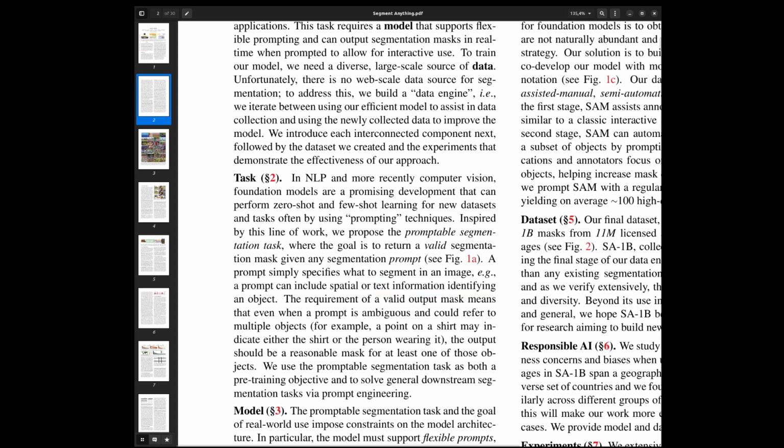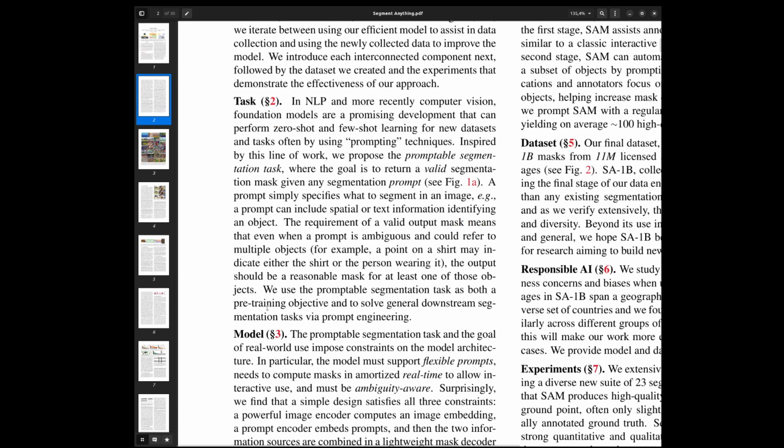The requirement of a valid output mask means that even when a prompt is ambiguous and could refer to multiple objects, for example, a point on a shirt may indicate either the shirt or the person wearing it, the output should be a reasonable mask for at least one of those objects. We use the promptable segmentation task as both a pre-training objective and to solve general downstream segmentation tasks via prompt engineering.